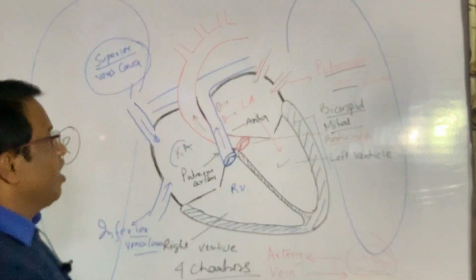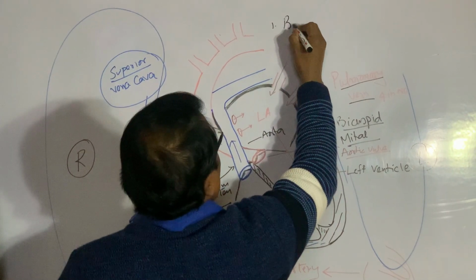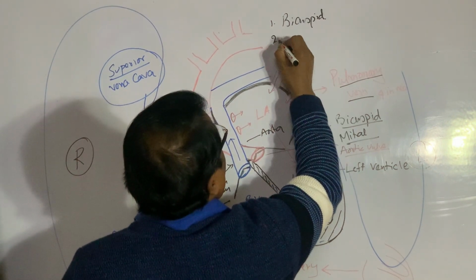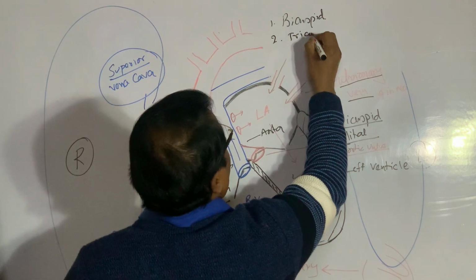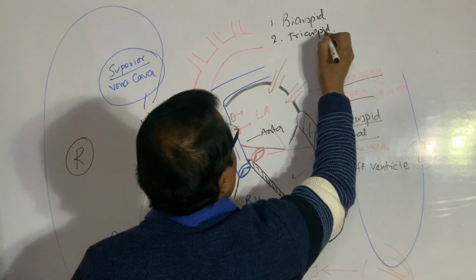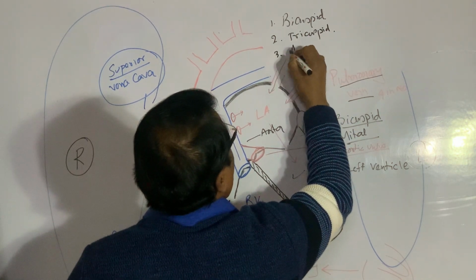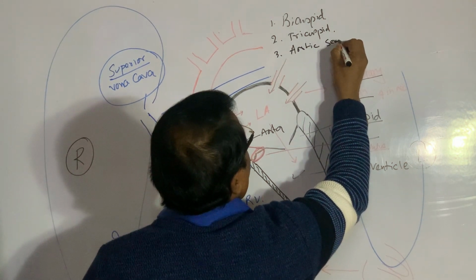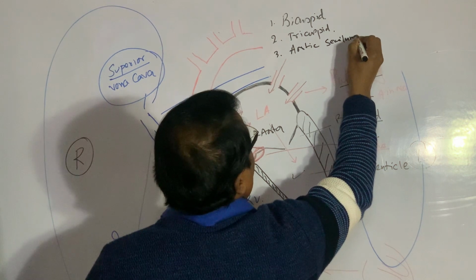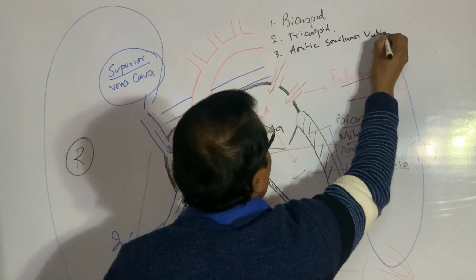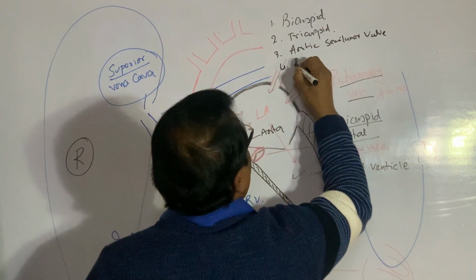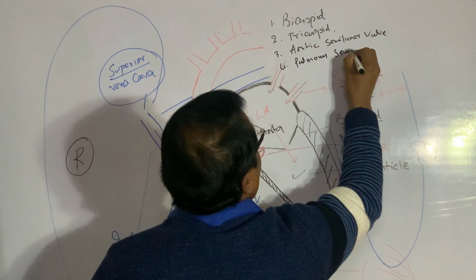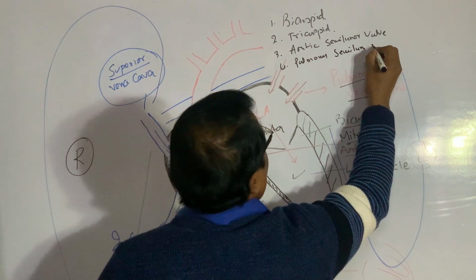It has 4 valves: bicuspid valve, tricuspid valve, aortic semilunar valve, and pulmonary semilunar valve.